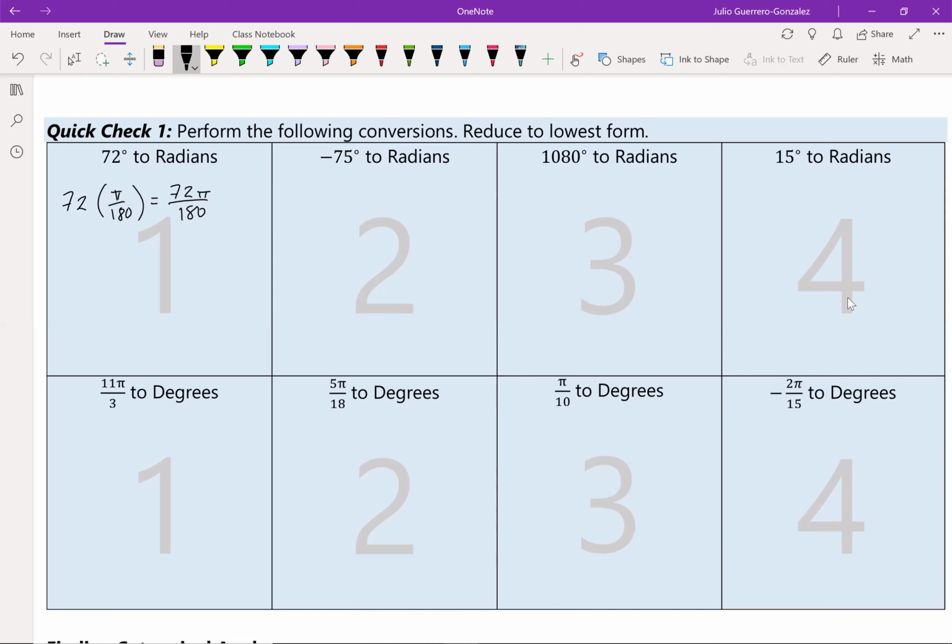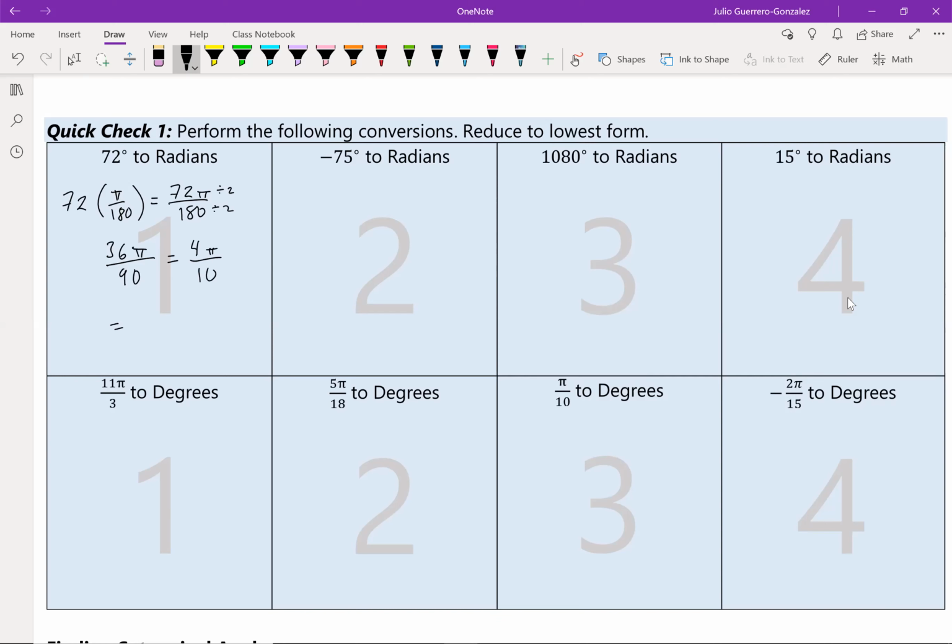Okay. So yes, you're right. Let me go through the steps for reducing. First, I can divide both the top and bottom by 2. So that's going to be 36 pi over 90. I'm going to reduce it one more time. Now I can divide it by 9, so it's going to be 4 pi over 10.